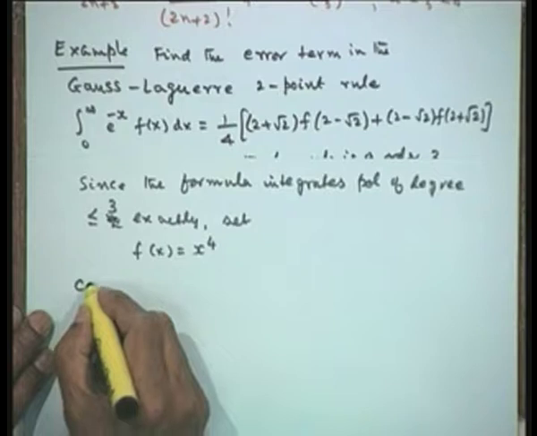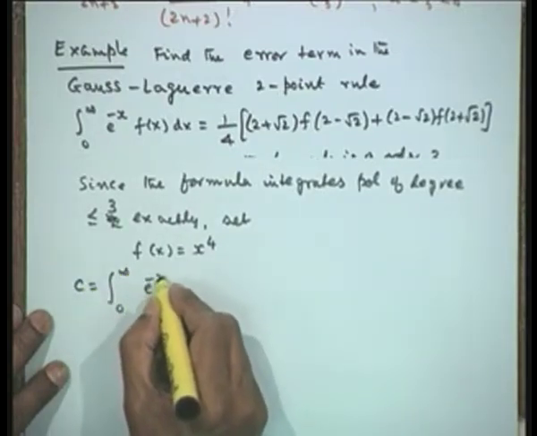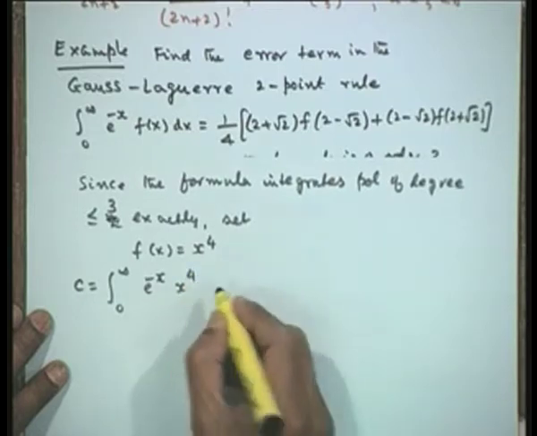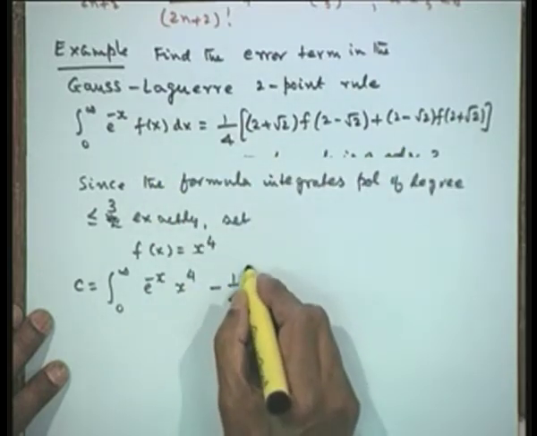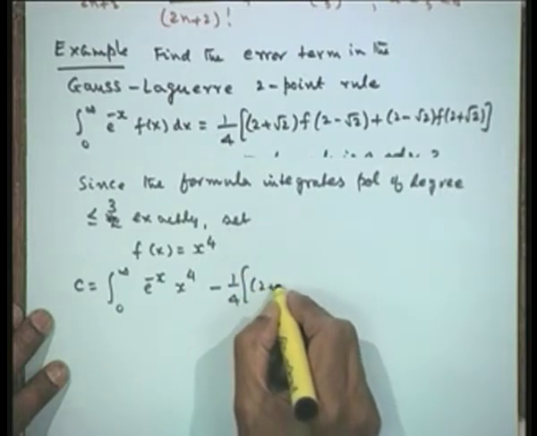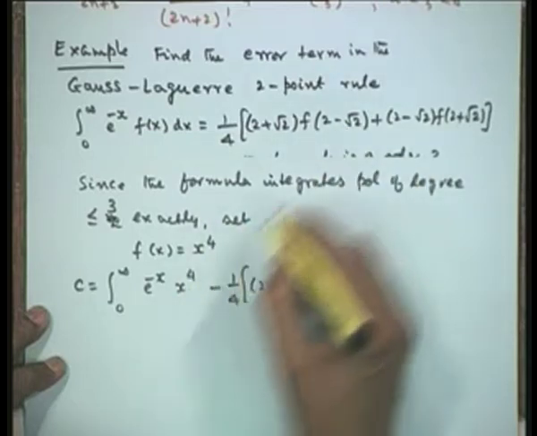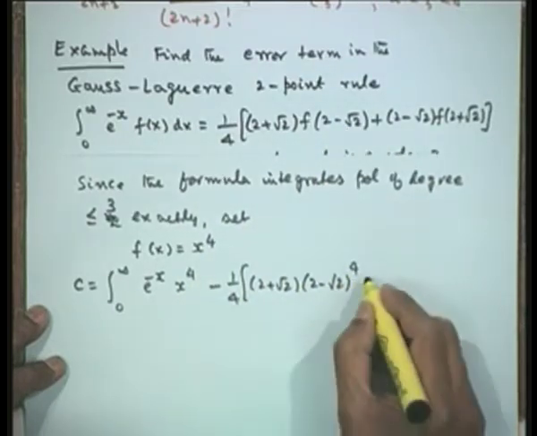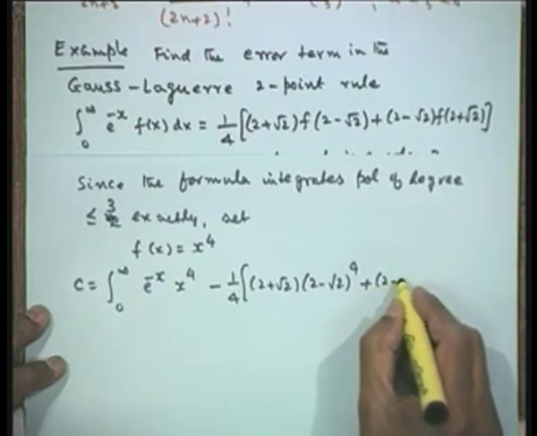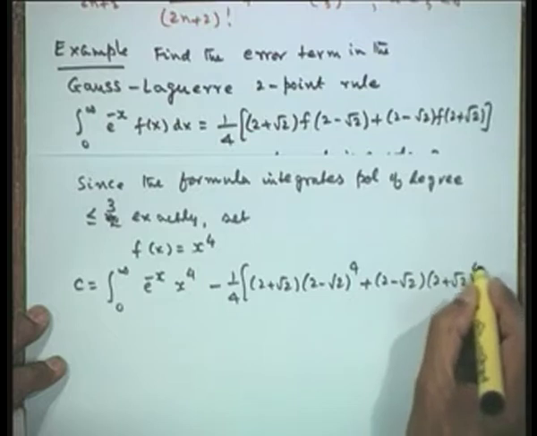Therefore, our error constant should be integral 0 to infinity of exponential of minus x times x to the power of 4, minus, we bring everything to the left hand side, 1 upon 4 times (2 plus root 2), and f(x) should be x to the power of 4, that is (2 minus root 2) to the power of 4, plus (2 minus root 2) into (2 plus root 2) to the power of 4.